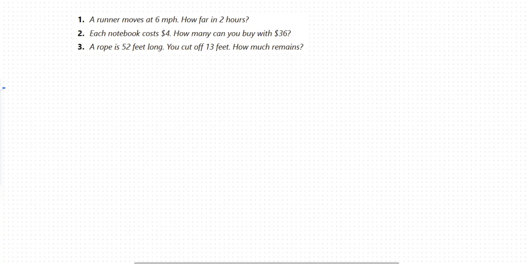Right here we have a rate and we have a time. So if we multiply rate by time, 6 times 2, it equals 12. In 2 hours he will have traveled 12 miles.